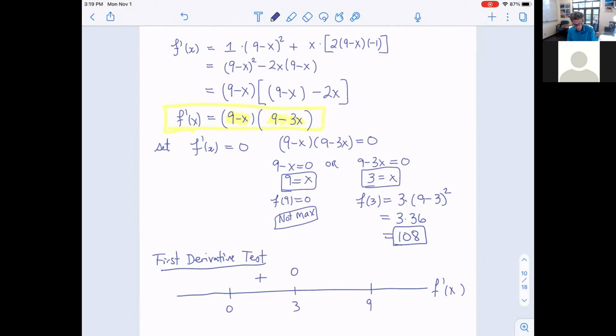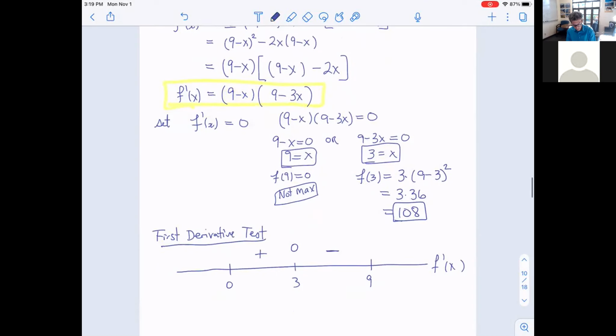And similarly, if we test a point to the right of 3, like maybe a number like 5, then this factor is still going to be positive. This number will then be negative though, because if we let x equal 5, that will be negative. And so doing a test point over here is going to give us a negative number.